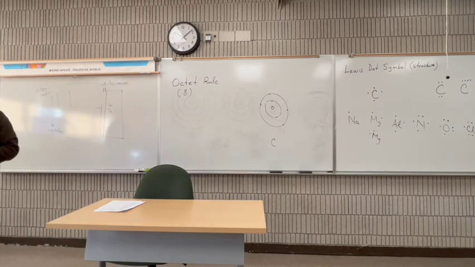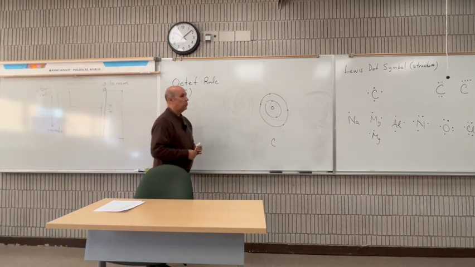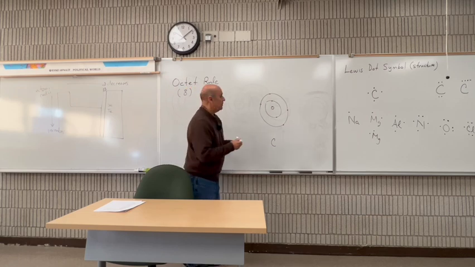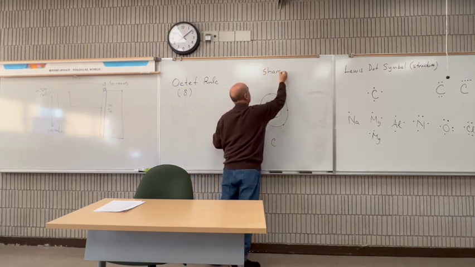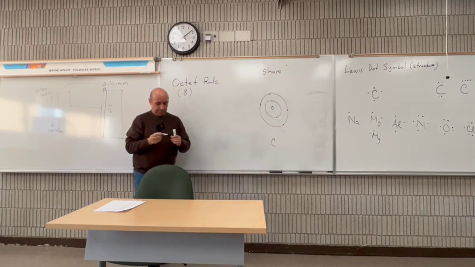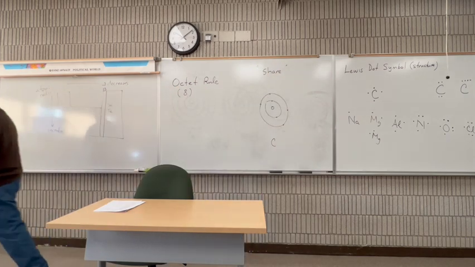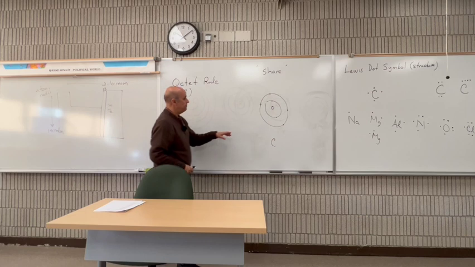It comes to an arrangement, an agreement, if you will, with other atoms to share electrons. So we're going to use this word to describe what happens to the electrons on the valence shell of carbon.